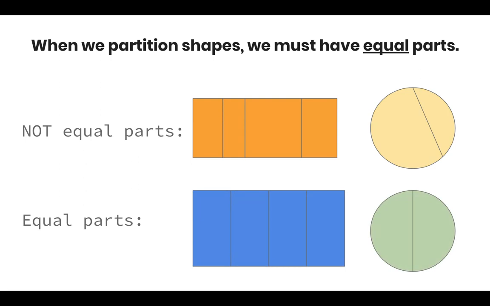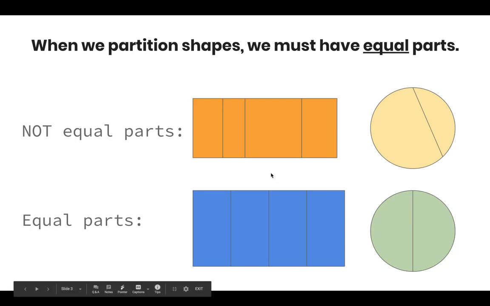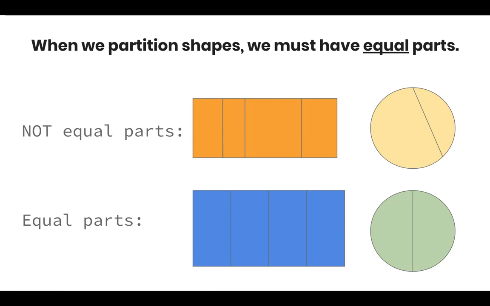However, on the bottom of the screen, the blue has equal parts. All four of these sections are the same size. Same with the green shape. There's only two parts, but the two parts here are exactly the same size. So again, when we partition shapes, we must have equal parts, or it really doesn't count.